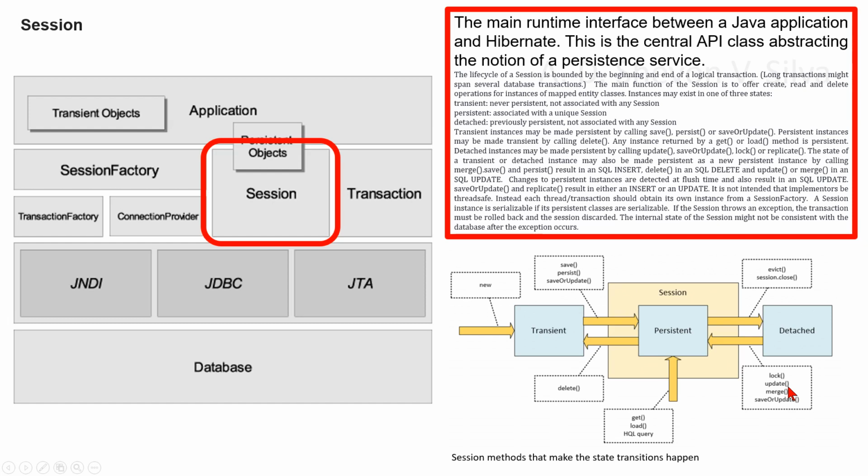It acts upon the passed object. Its return type is void. The update method transitions the passed object from detached to persistent state. This method throws an exception if we pass it a transient entity.